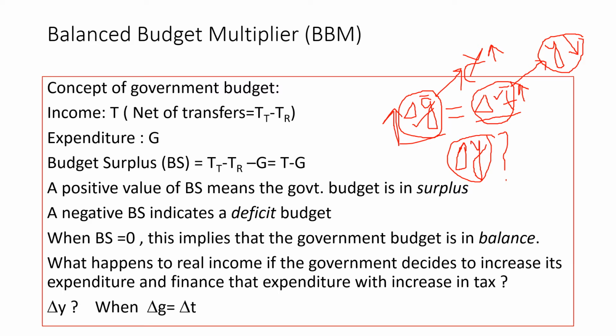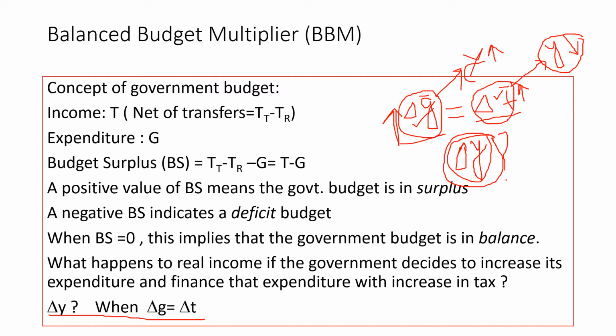So the question is, what is the net effect? One force is trying to increase income, another force is trying to reduce income. So we want to know what will happen to this net income. That's the question we are asking here.